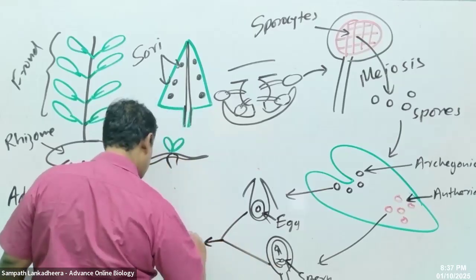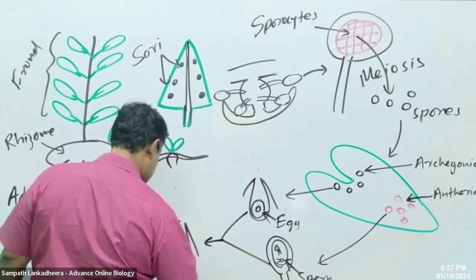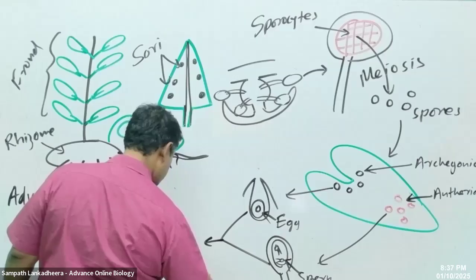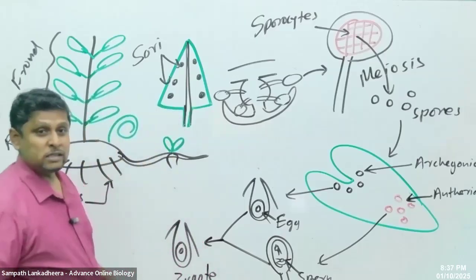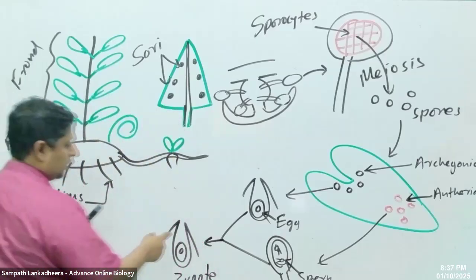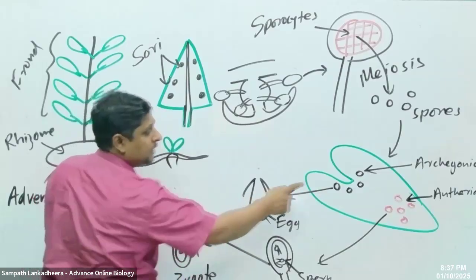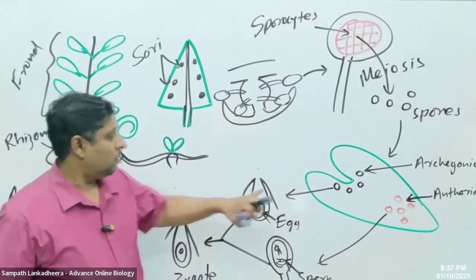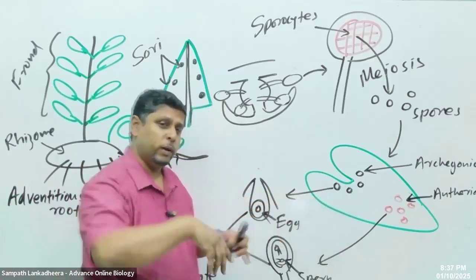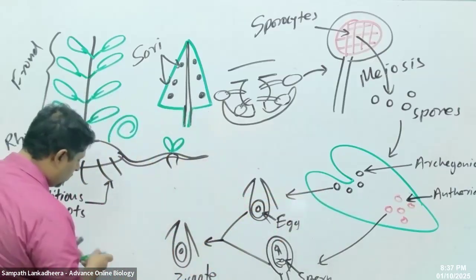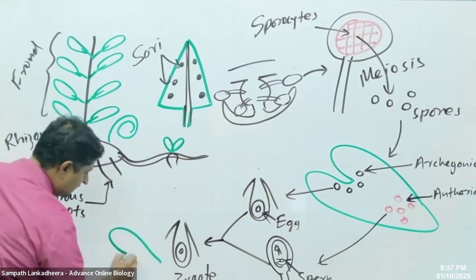Then it makes the zygote. Now the zygote grows. You have to understand this archegonium is present on this plant. So when the zygote grows into an embryo, the embryo forms on that heart-shaped gametophyte.